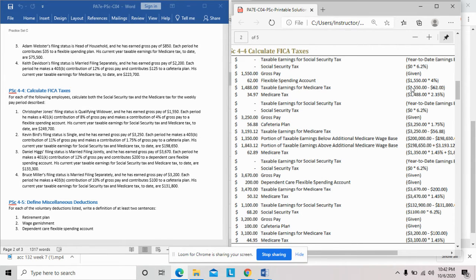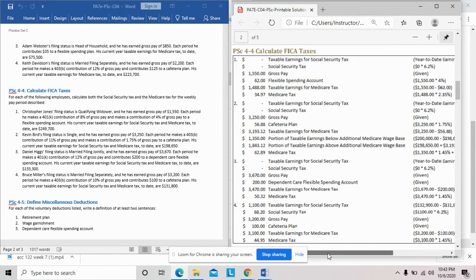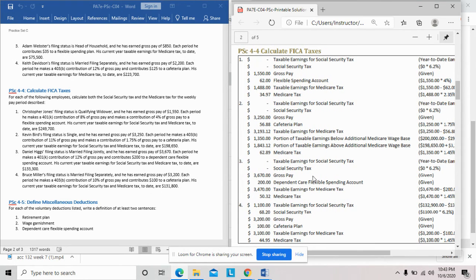Then we subtract that amount to find the taxable earnings for Medicare tax. We take that 1,550 minus 62 to find this amount here. And then we take this amount of taxable earnings for Medicare tax, multiply by 2.35% to get a Medicare tax of $34.97.